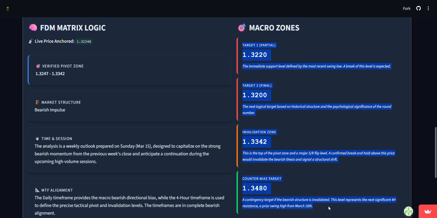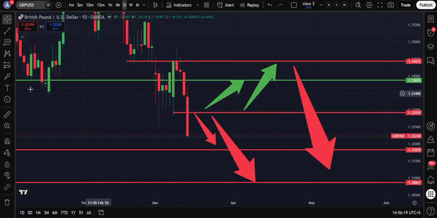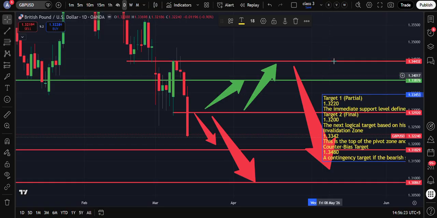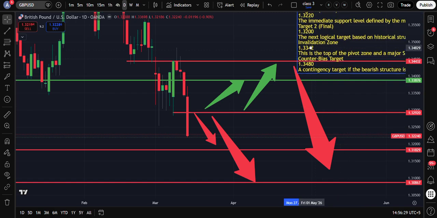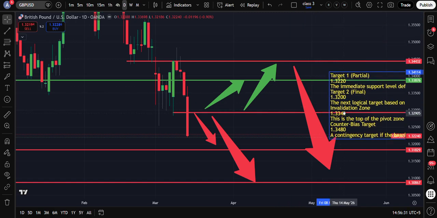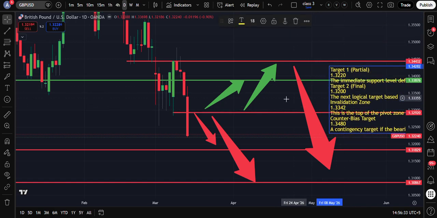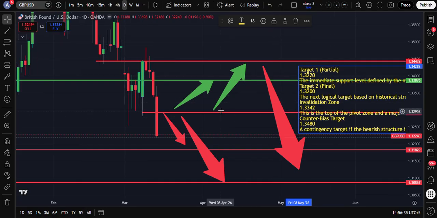So, guys, I'm going to copy this and just paste it over here. And see, its invalidation is if it's selling 1.3342, that is its invalidation area. Okay, guys, this is the pivot and 1.3342.